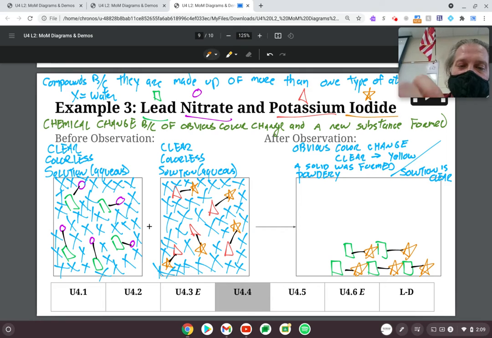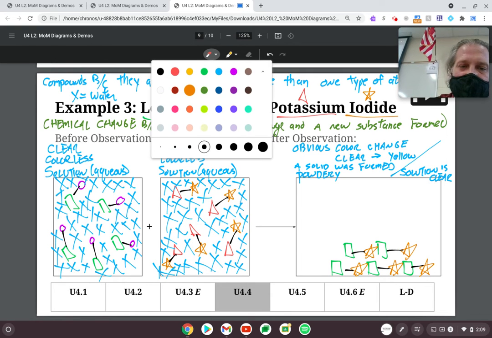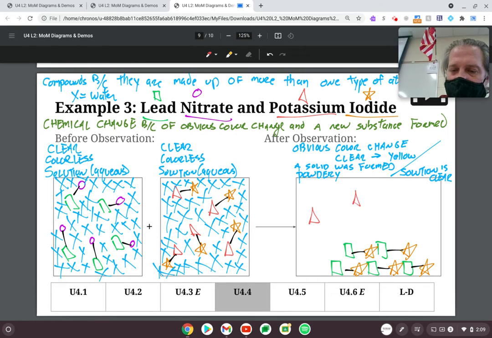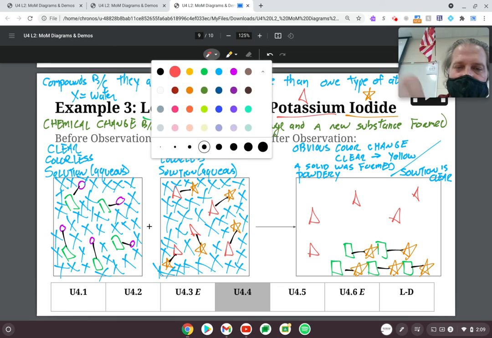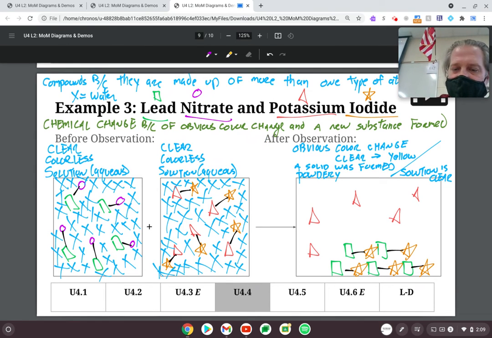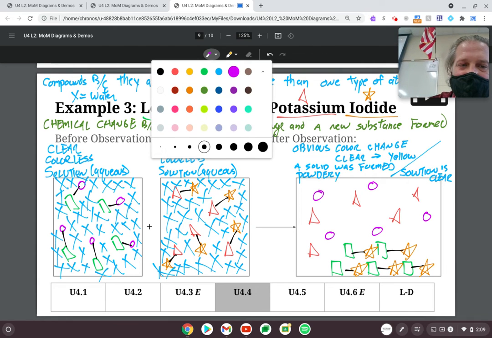So I'm going to have my red triangles. And they are going to be paired up with the purple circles. And I'm going to connect them.